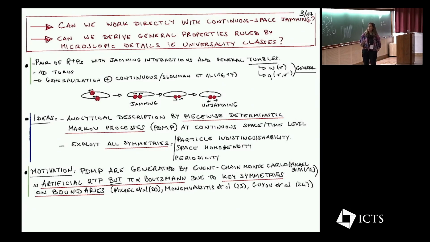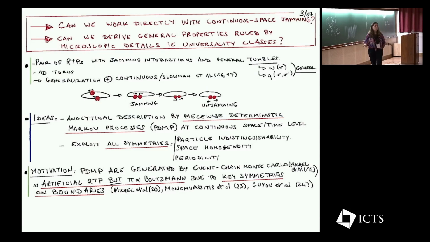Why these methods are very likely to work is that piecewise deterministic Markov processes are the stochastic processes generated by very efficient non-reversible Monte Carlo algorithms. They are generating a kind of artificial RTP that explores the Boltzmann distribution, but in the end the distribution is fully the equilibrium one.